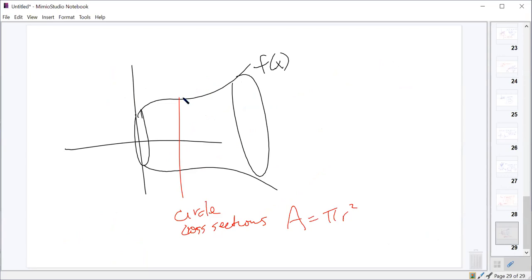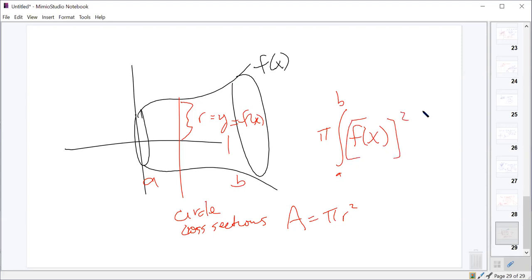And if we're going around the x-axis and it's just one simple function, your radius should be just your function, or should just be y equals f of x. And all we do then is we integrate from a to b, the pi out in front, times your radius, which in this case, like we said, was f of x, squared dx. Good or no?